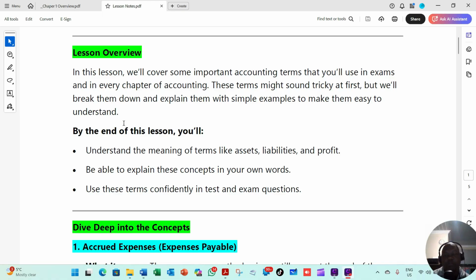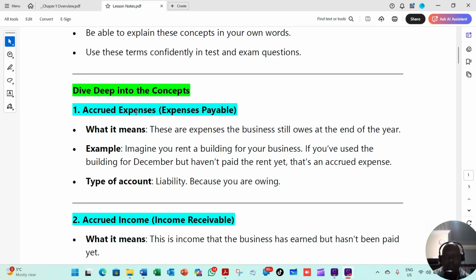Yes, so we're going to go through the concepts or the terms, and you are going to learn how to know them by heart, not to cram them. So let's start with the first one.